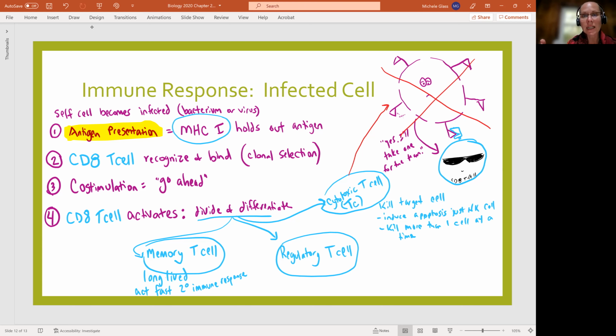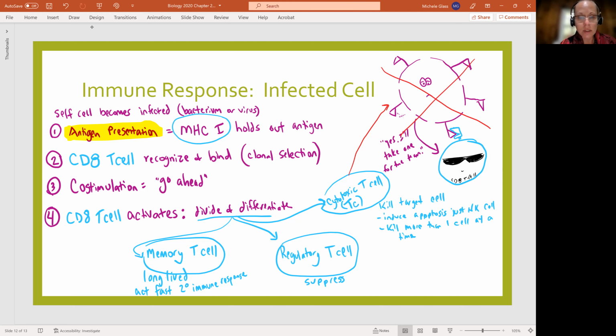Now keep in mind that this whole immune response is generating these cytotoxic T cells, these cells that go around and actively kill your cells. And so we don't want this to be a response that gets way out of control. And so that is the job of the regulatory T cell. So we can also talk about it as a suppressor cell.